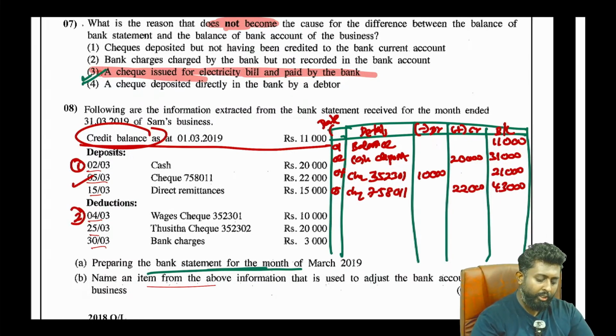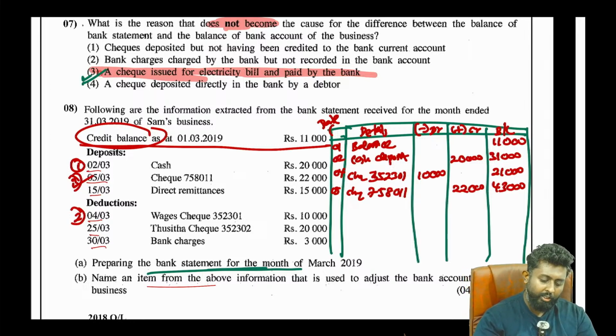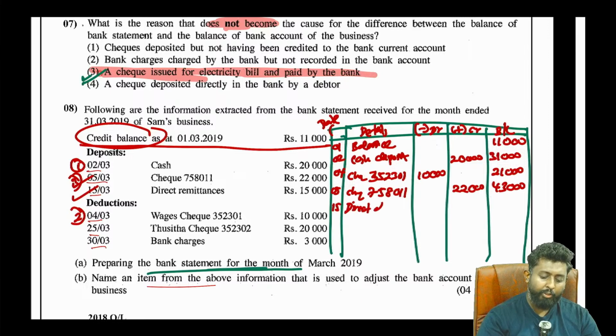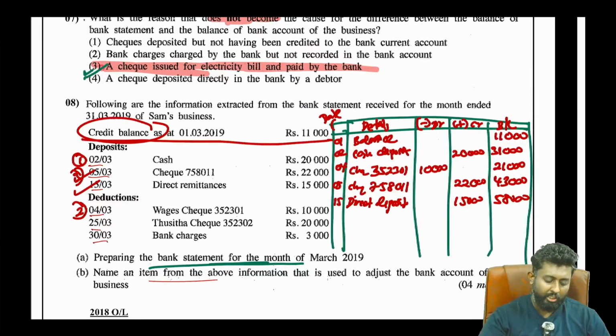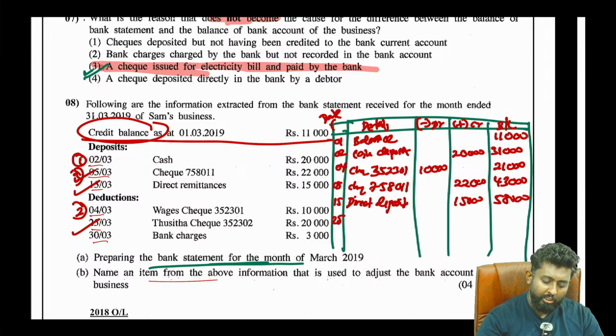Next, go in the order. This is the third one we recorded. Next, we have the date 15th. There is a direct deposit, right? 15th, direct remittance, or we can call it direct deposit. You have to add 15,000, giving 58,000. We are updating the balance after every transaction. Next, it's the 25th, we are issuing a check for Tusita.